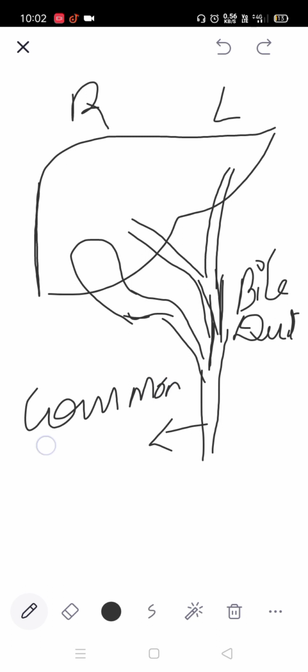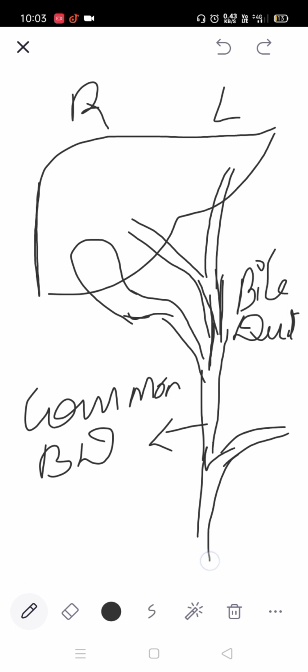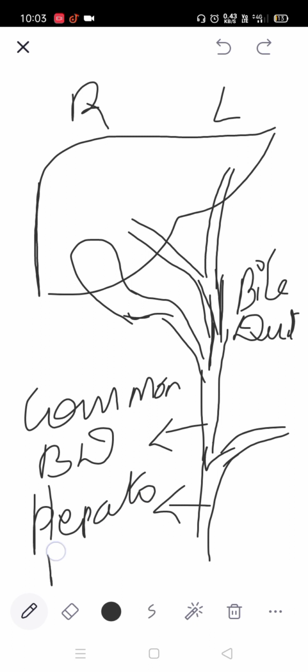Here there is the pancreas. When the common bile duct joins together with the pancreatic duct, it is called the hepatopancreatic duct.